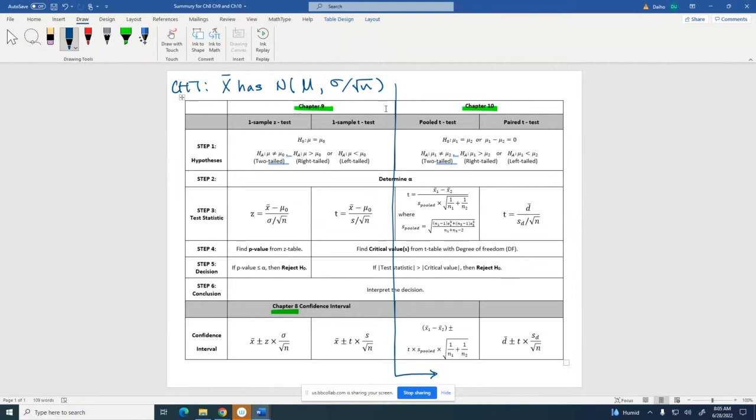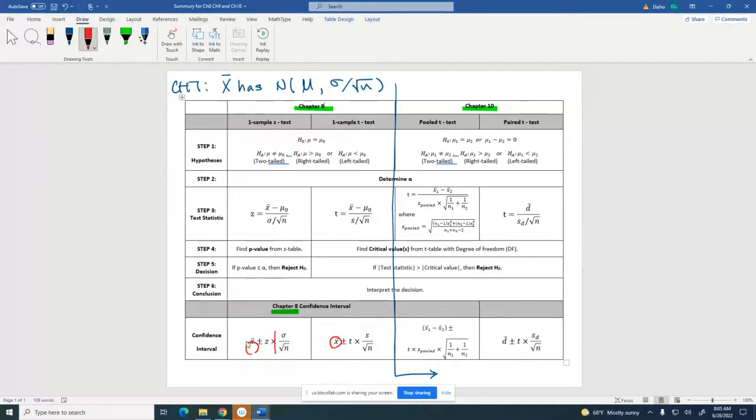In chapter 7, we discussed the sampling distribution of the sample mean. So we had the normal distribution with the mean and the standard deviation. Based on the mean and the standard deviation, we plugged the x bar here, right?